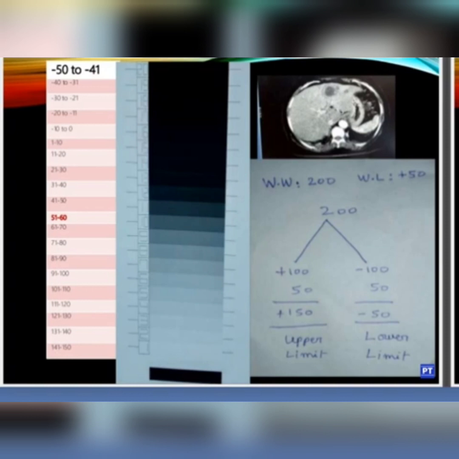So we can calculate the upper limit as well as the lower limit. Plus 50 to 150 is the upper limit and minus 50 is the lower limit. Here you can see the window level, and the upper and lower limits in this gray scale.